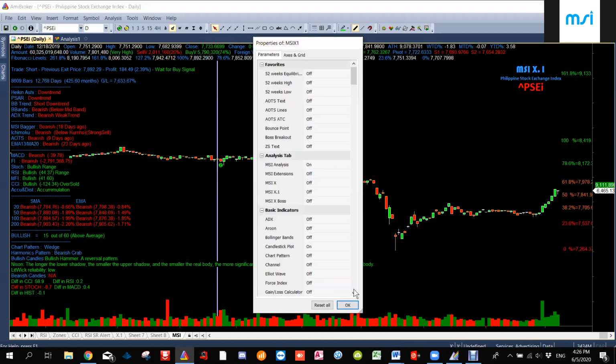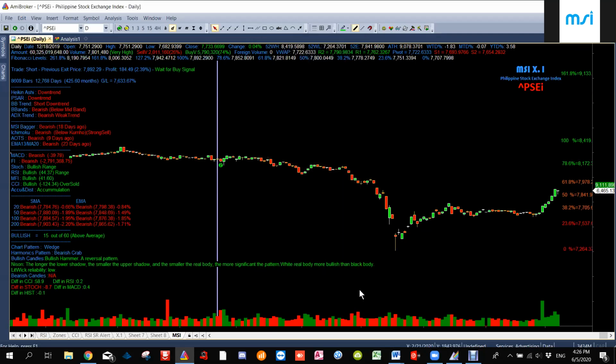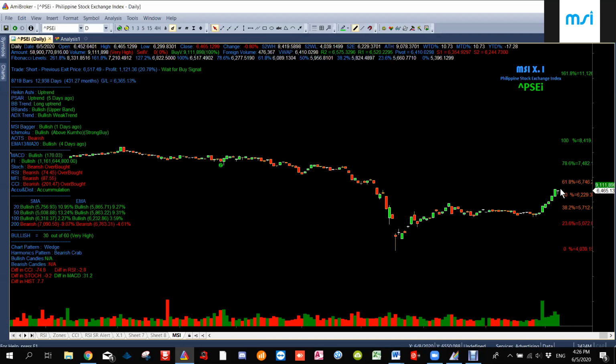And yun yung isa rin sa mga inaabangan nila na bumili at magbenta. Okay. So yung divergence, marami siyang na-detect dito sa system natin. Meron siyang CCI divergence, merong stochastics, merong histogram ng MACD, merong RSI sa MACD.